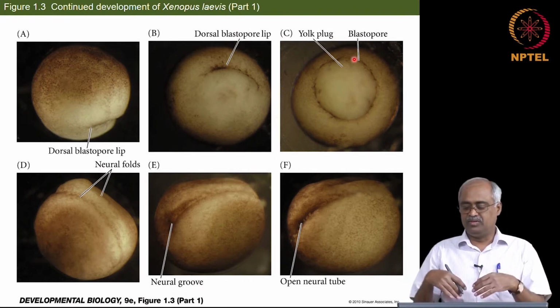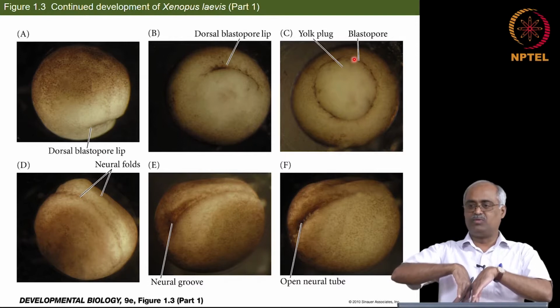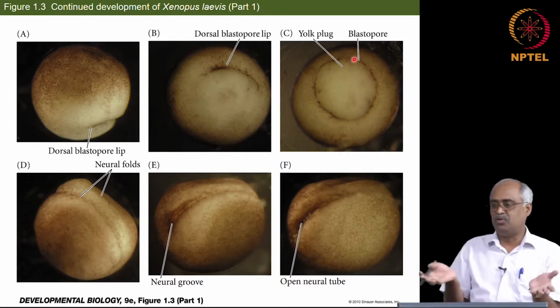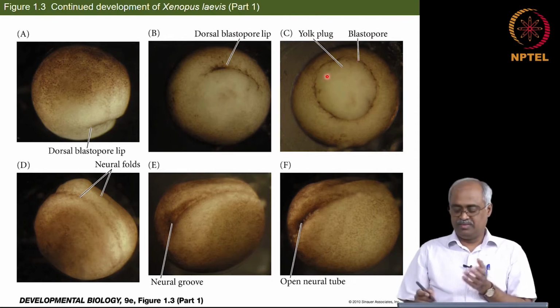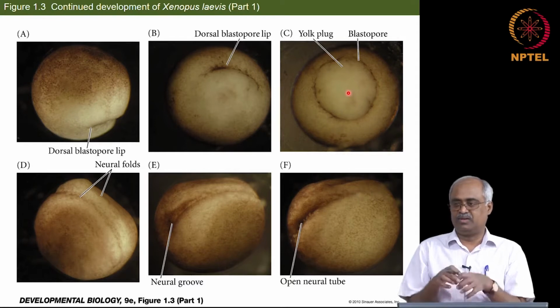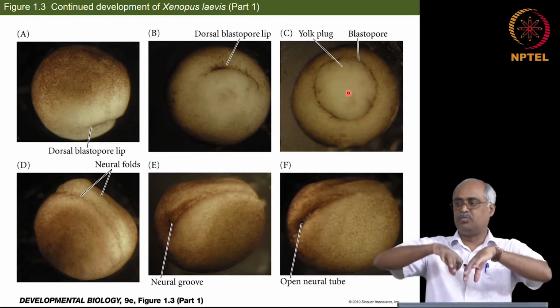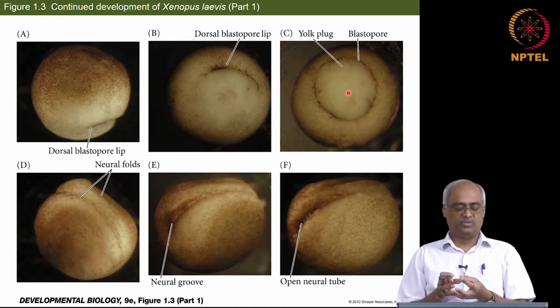Those cells that move inward are the ones that are going to form the mesoderm, and the cells that are going to stay outside at the end of gastrulation are going to be the ectoderm, and the yolk filled cells that are going to be internal to the cells that are moving in are going to be the endoderm. So, that is what is going to happen.